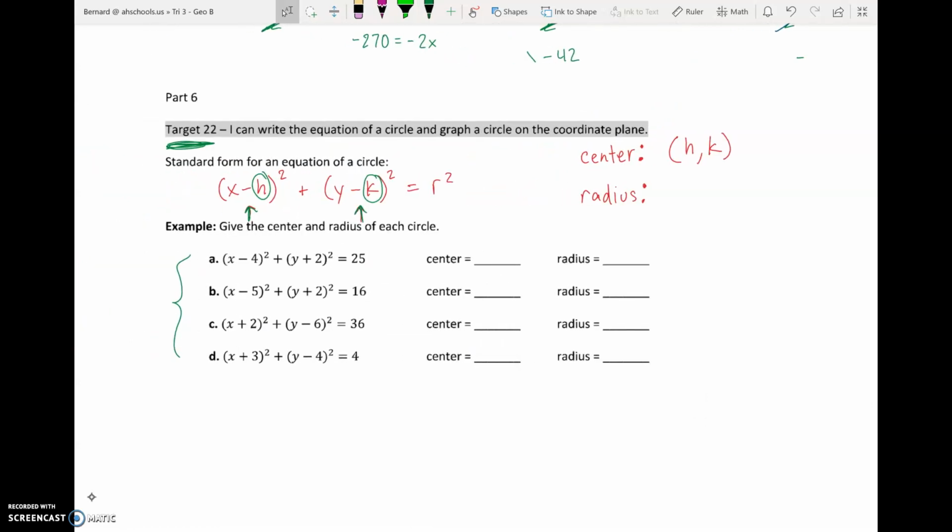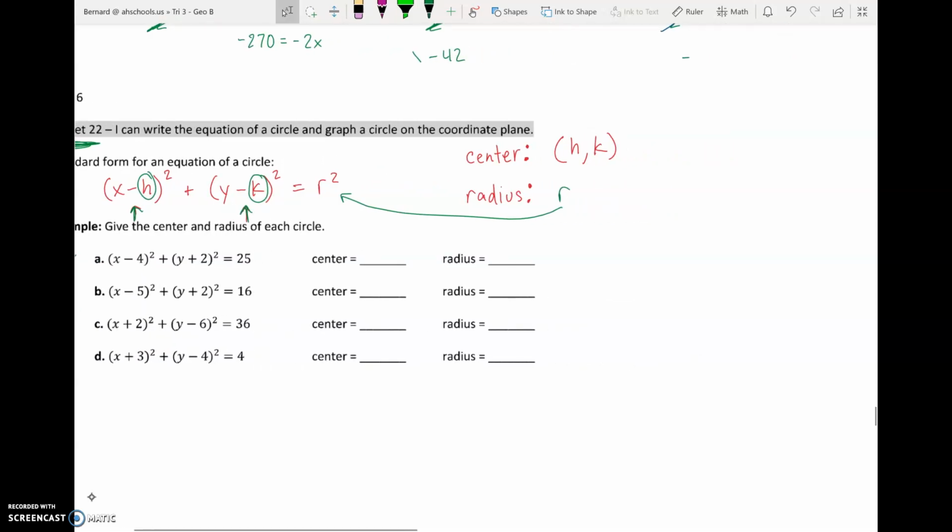And then our radius is obviously r, right? And it deals with this r squared piece. Notice our radius is not r squared. And so for us to figure out our radius, we need to take the square root of what our circle equation equals every time, right?